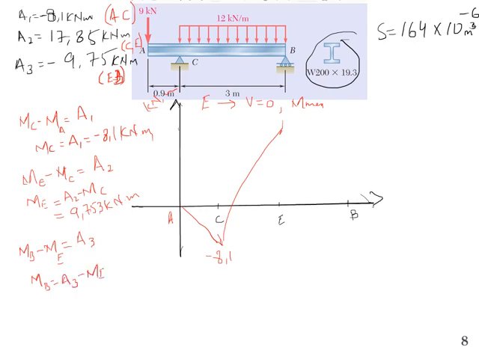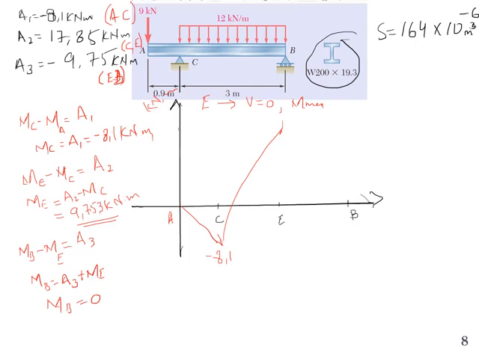If you remember, we calculated ME was 9.753, and A3 we calculated was minus 9.75. So if we put the values in this equation, MB will be approximately equal to 0. If it's a pin joint at the end of the beam, obviously the moment should be equal to 0, and this is verifying this.